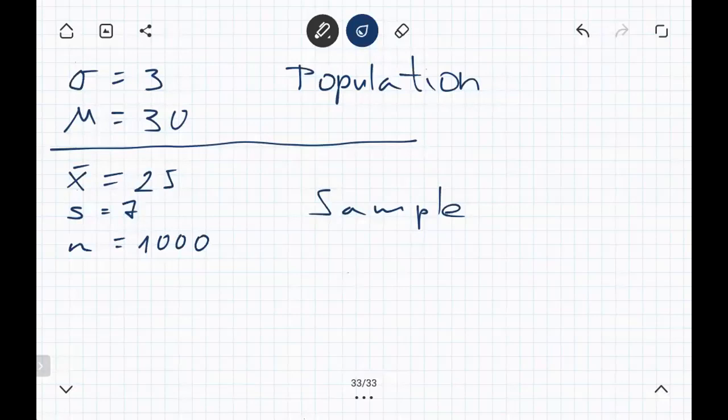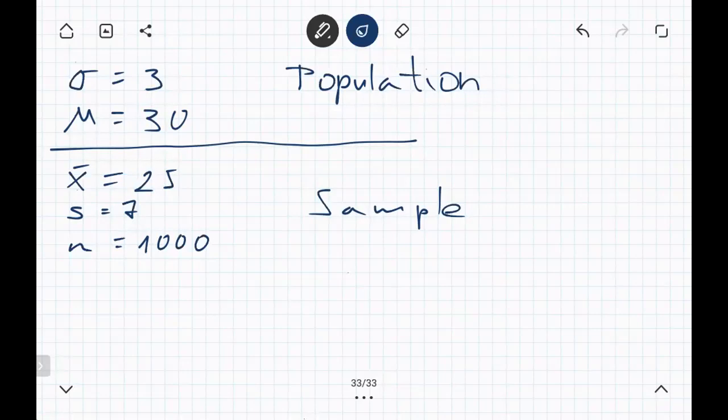The population mean is 30 days, with maybe a standard deviation of 3, just some numbers out of thin air. Now you are testing a new drug on 1,000 subjects, and you have a mean value of 25 with a standard deviation of 7.